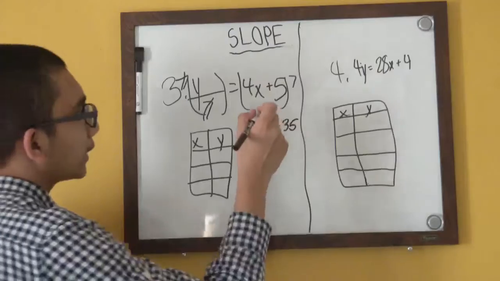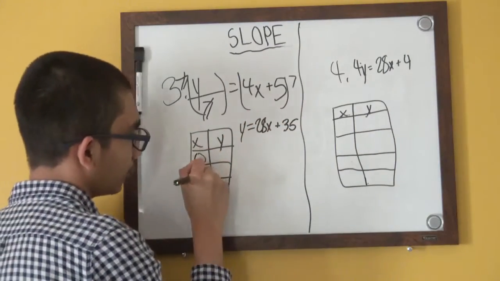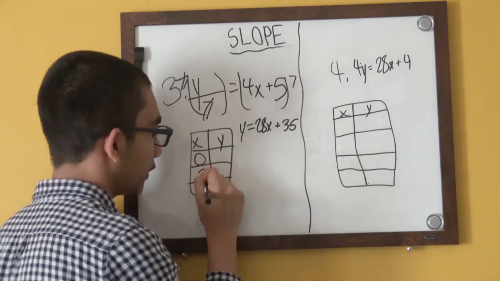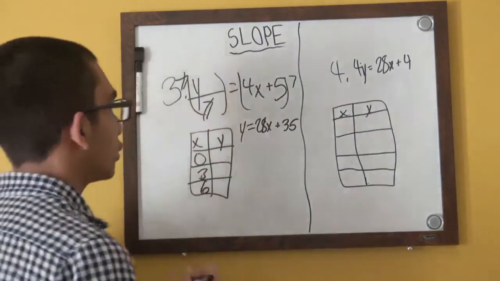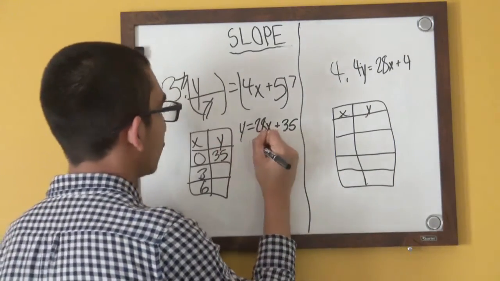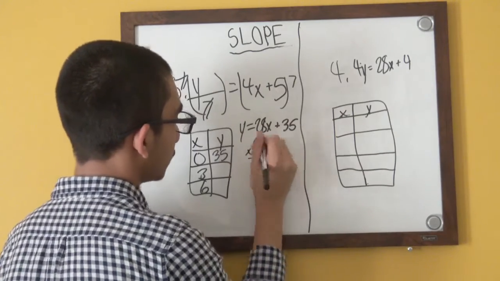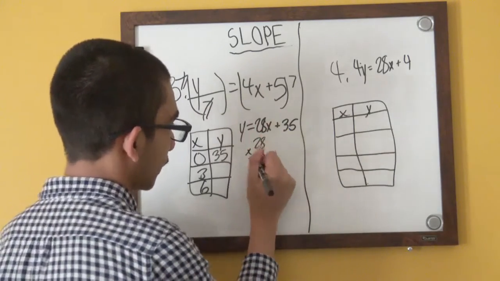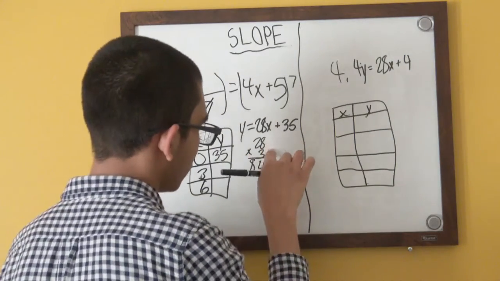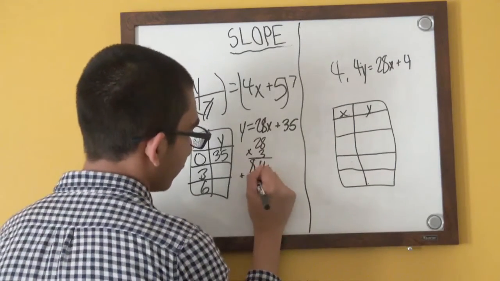So now we'll plug this equation into here. So 0, 1, let's go by 3s. 0, 3, and 6. So for 0 we know automatically it's 35. Now let's do 28 times 3, which is 84, plus 35.